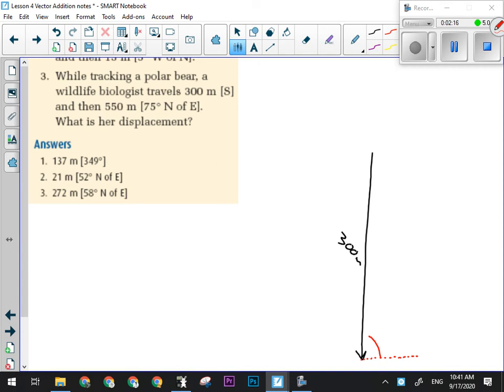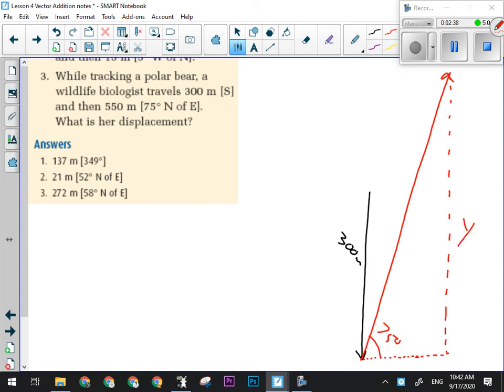In fact, I'm really feeling like I should probably shorten this line just a little bit so I can actually fit this on the screen. Okay, so 550 meters is obviously quite a bit longer than 300. So I'm going to draw it kind of like that. Okay, so this is 75 degrees.